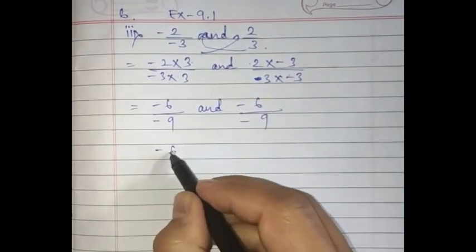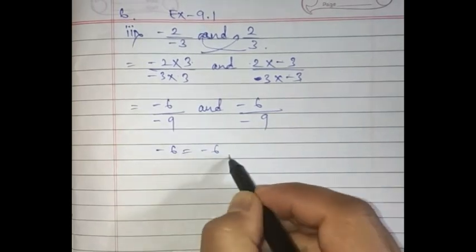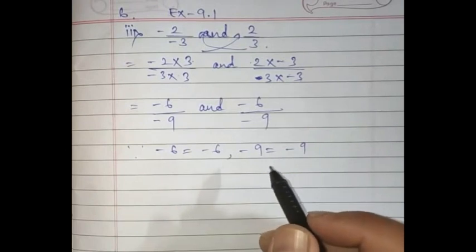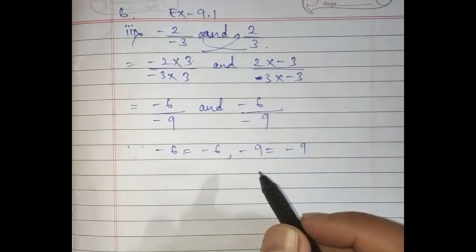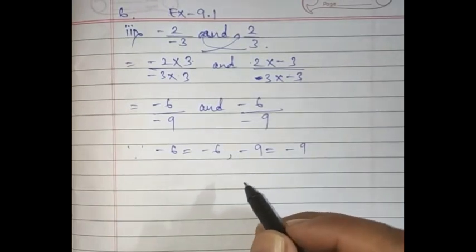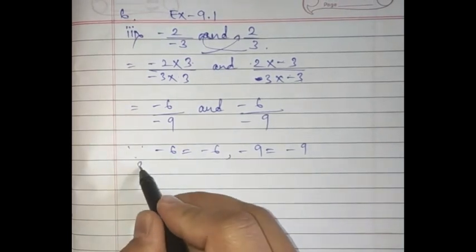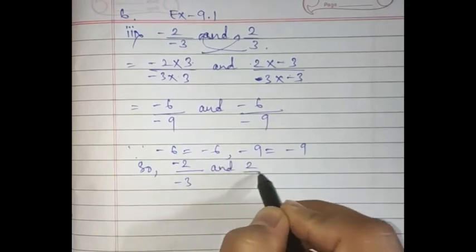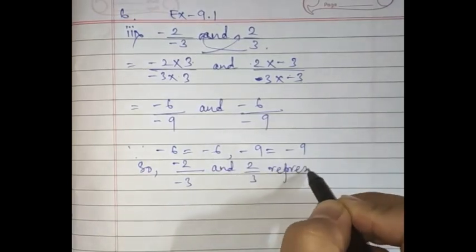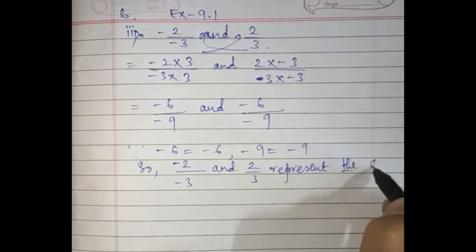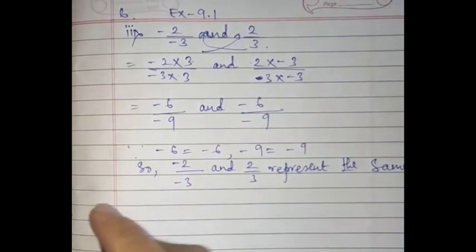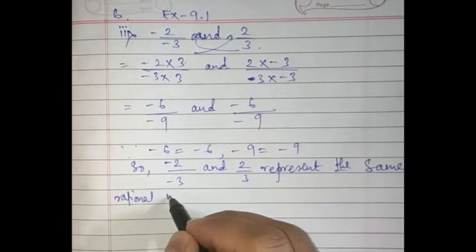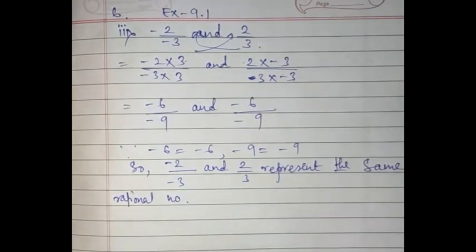So minus 6 is equal to minus 6, minus 9 is equal to minus 9. Since the condition is this, we can write that minus 2 by minus 3 and 2 by 3 represent the same rational number. Okay, it is easy, no?